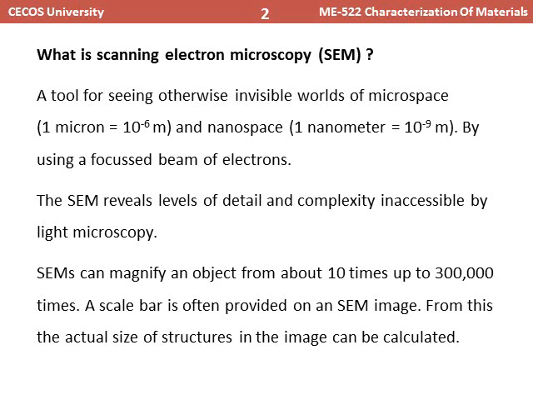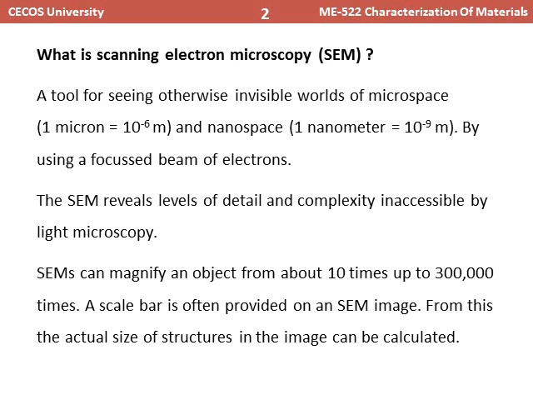To define scanning electron microscopy, by this equipment we can see the objects which are in the range of 1 micrometer to 1 nanometer. How much is 1 micrometer? 1 micrometer is the thousandth of 1 millimeter. 1 millimeter can be seen by the visual eye, but 1,000th of the millimeter is impossible to view by the naked eye.